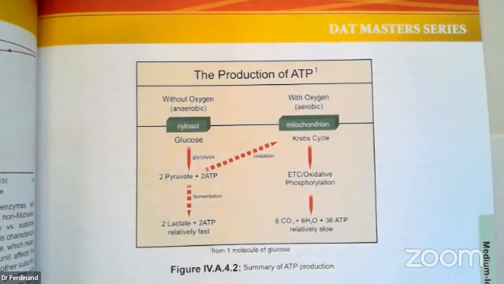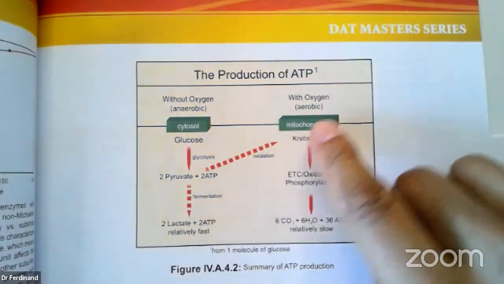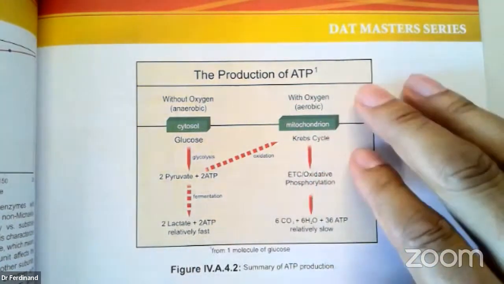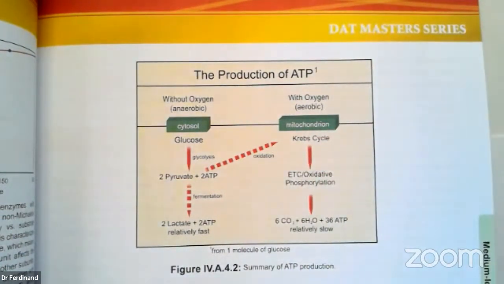They will start breathing more, and they'll have some oxygen debt because the body wants to oxidize back up to the Krebs cycle in order to get more ATP, greater efficiency from the substrate.